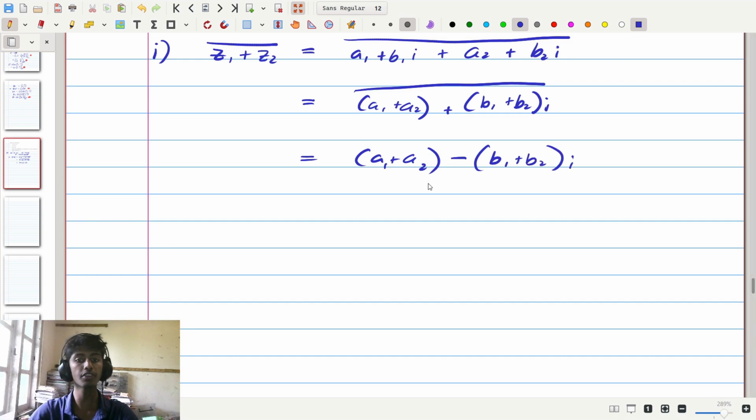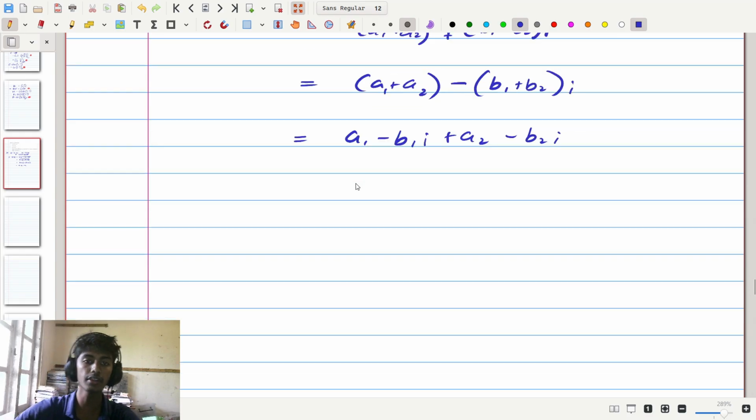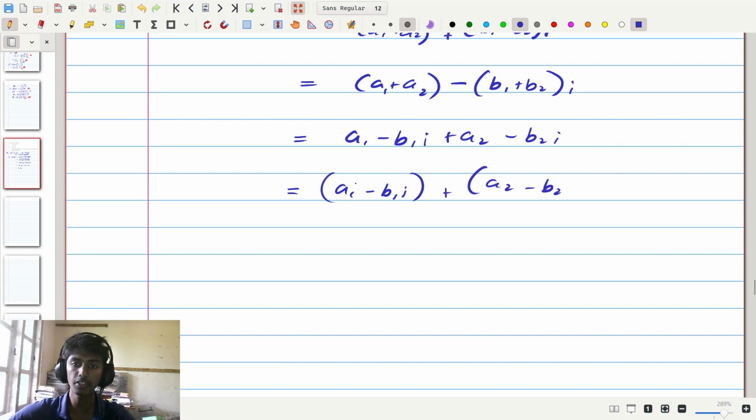Now according to this, we can see if we expand each of these brackets, we are going to get an A1 here, a minus B1I here. So we can write A1 minus B1I, and then we're going to get an A2, so plus A2, and we're also going to get minus B2I. Now we can see here we have A1 minus B1I, plus A2 minus B2I.